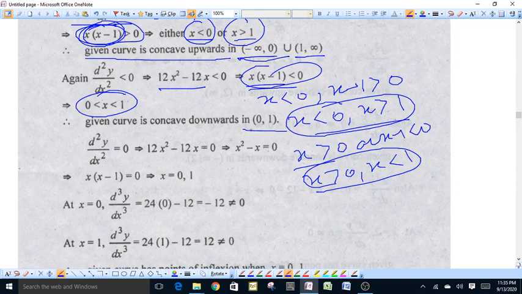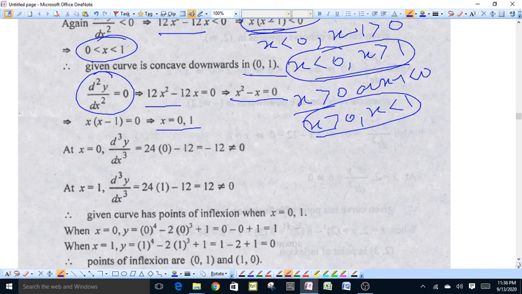To find the points of inflection, we set second order derivative equal to 0, that is 12x square minus 12x equal to 0, means x square minus x equal to 0. This gives x equal to 0, x equal to 1. To check whether these points are points of inflection or not, we calculate third order derivative at these points.